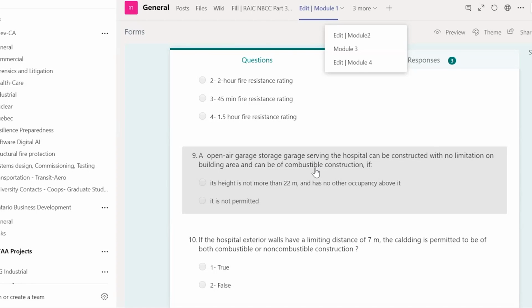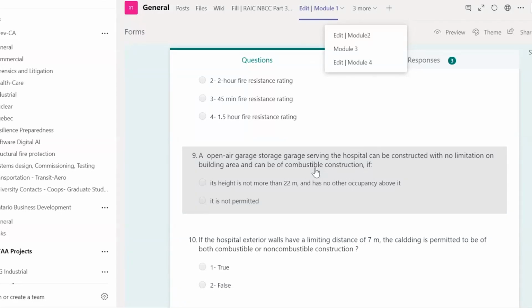Mark, we're doing Part 3 buildings. So in Part 3 buildings, we're talking about open air storage garages. They are defined in Part 1. And if you take a look at 3.2.2.90, we have the provisions applicable to storage garages.